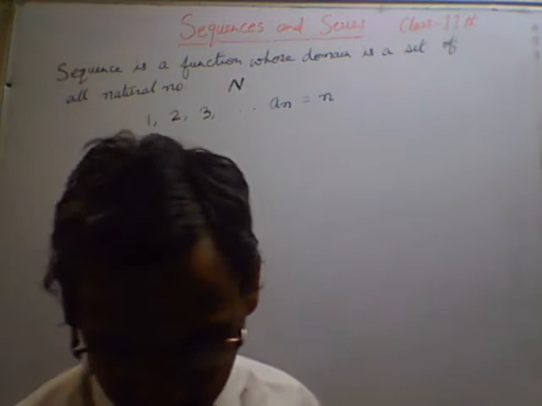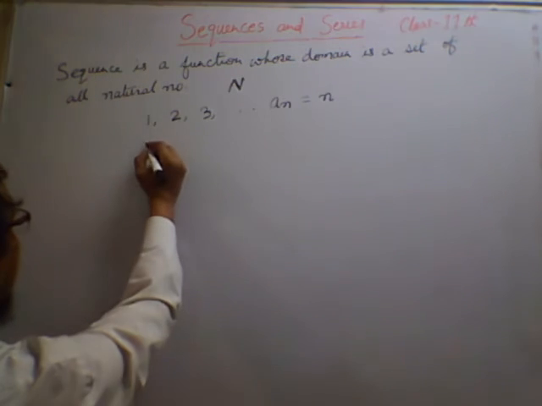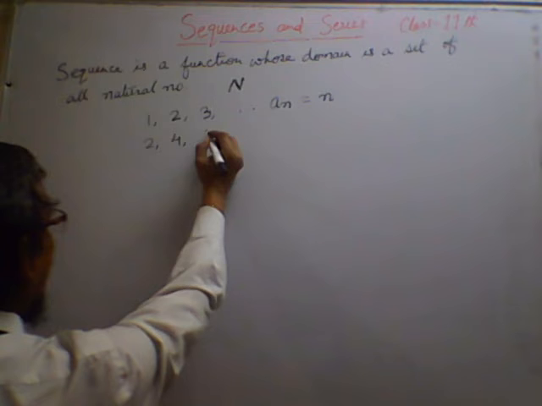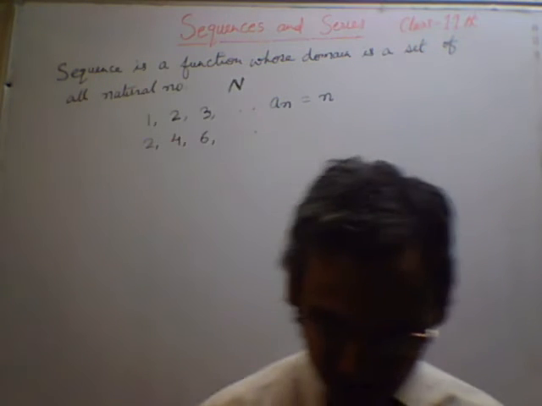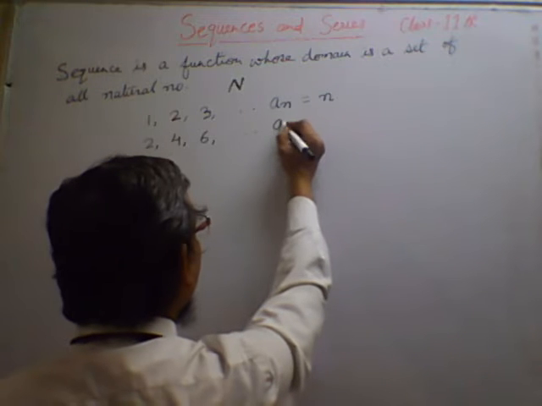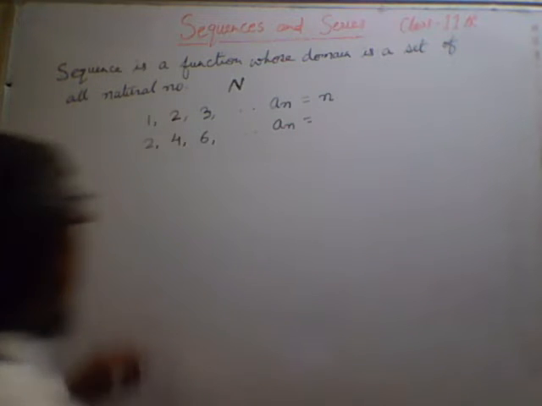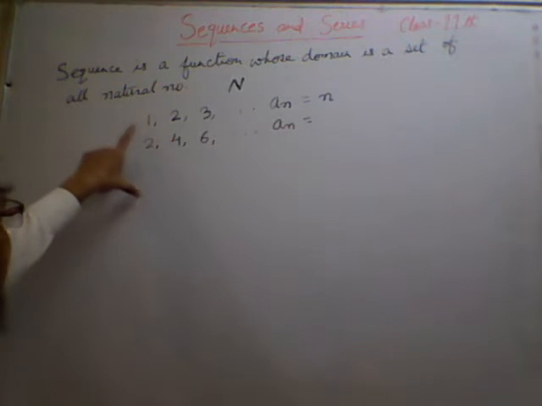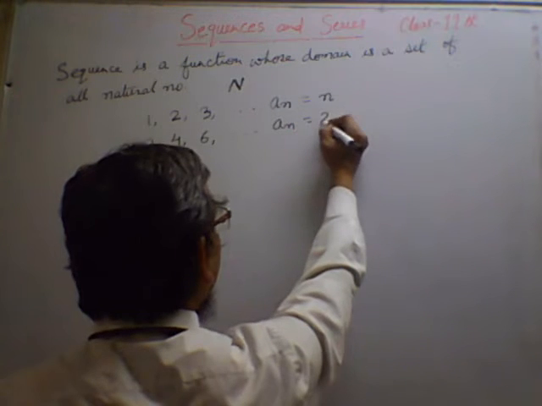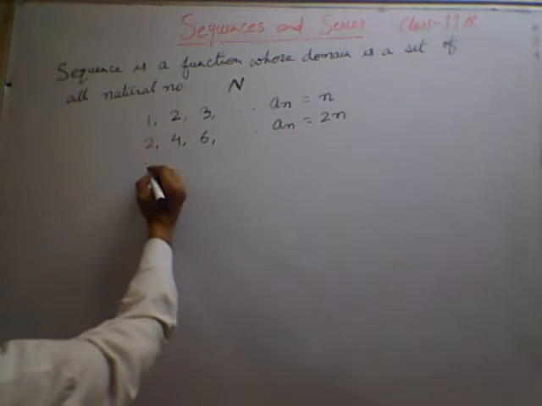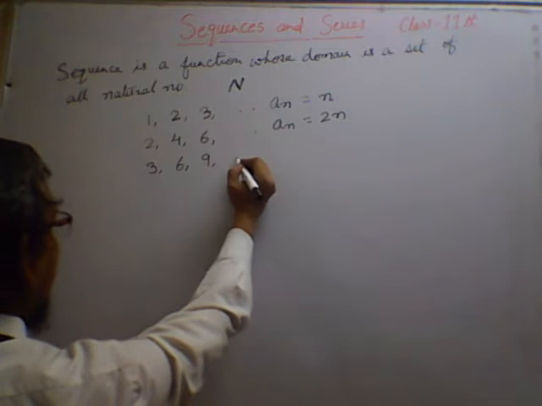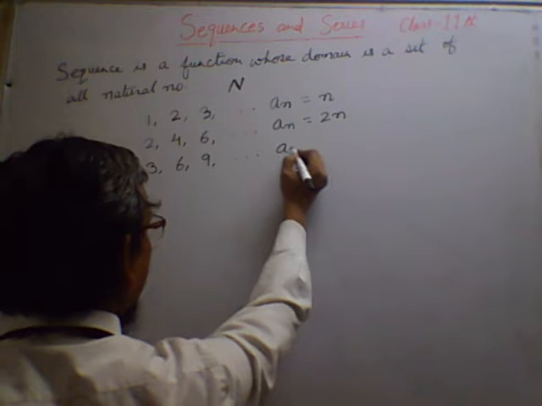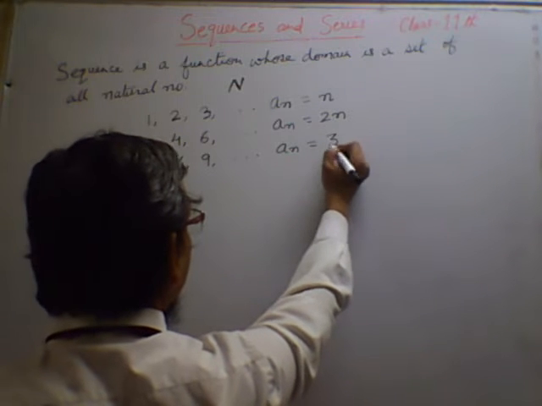Now, if we write 2, 4, 6, and so on, an, then you can see that if you multiply n with 2, it becomes 2n. In the same way, if we write 3, 6, 9, and so on, an, it will be 3n.